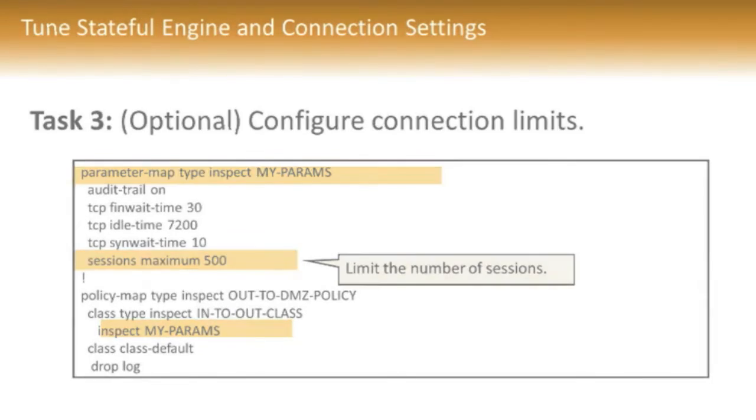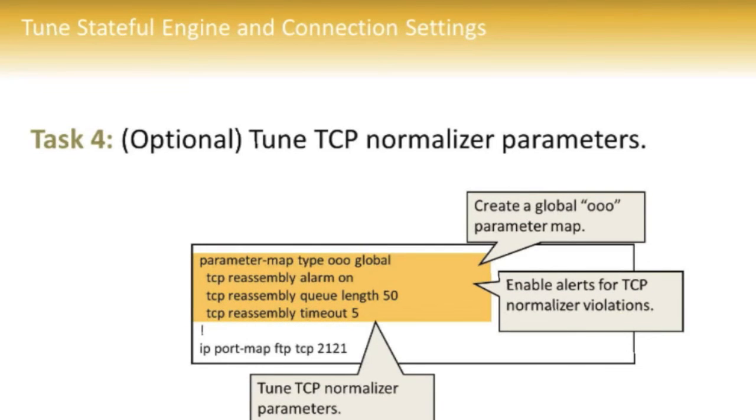Well, we have to create a parameter map now of type OOO specifically. It's not ooh, baby. It's OOO, and that is a type of out of order. The parameter map type is called out of order, or abbreviated OOO, for tuning the TCP Normalizer parameters.